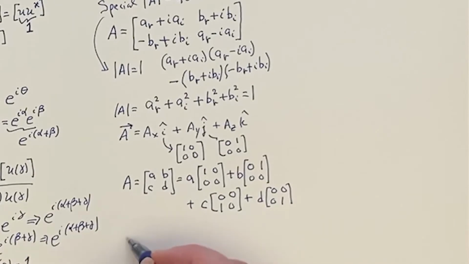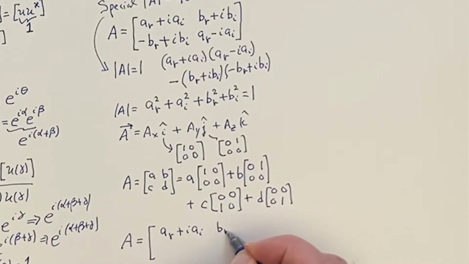But now we're going to take another good look at our general A, which we're going to copy down again. We have AR plus i AI, BR plus i BI, minus BR. We're basically copying this over again.